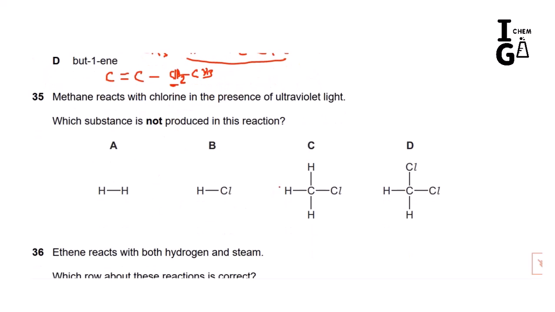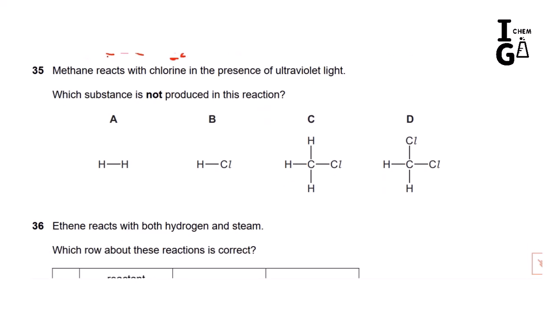Question 35: methane reacts with chlorine in the presence of ultraviolet light. Which substance is not produced? Remember, guys, all the time, the word is not. Not produced in this reaction. Methane is an alkane. Alkanes are saturated, so they can react by substitution, not addition.